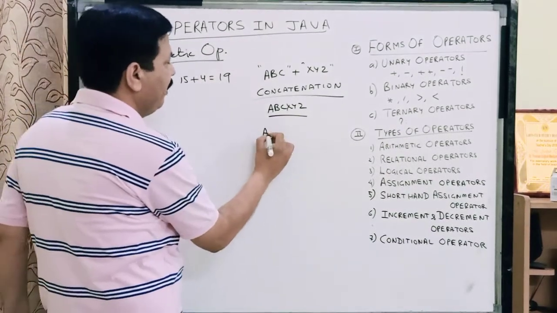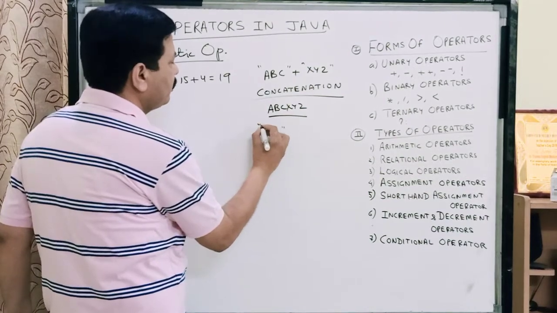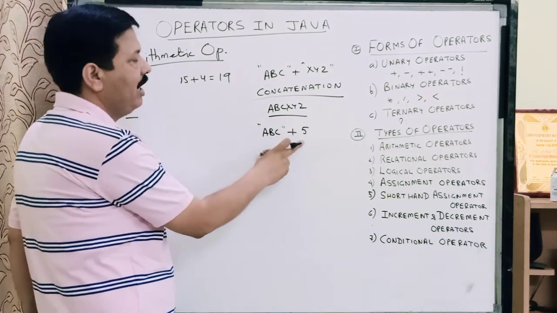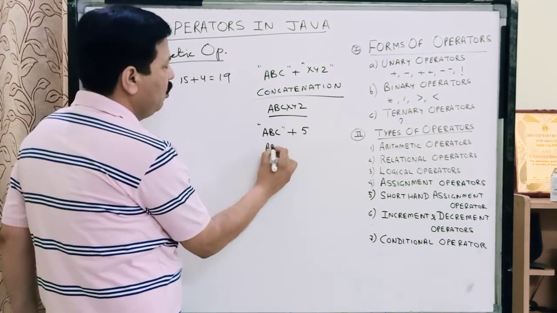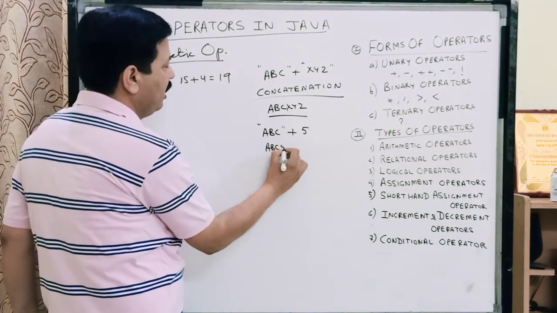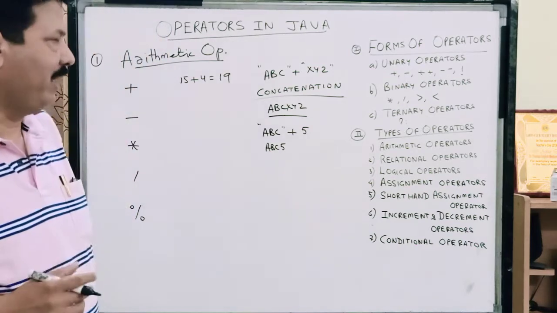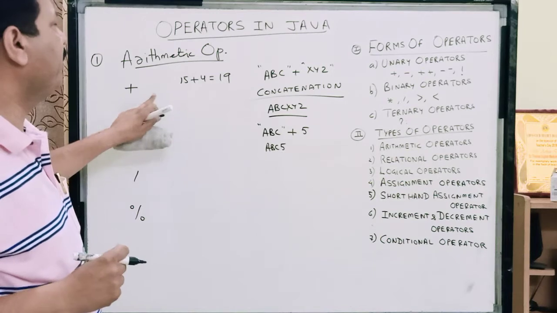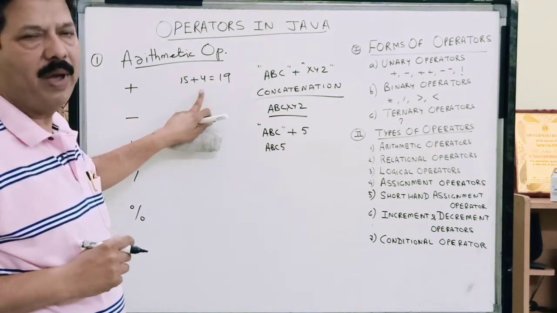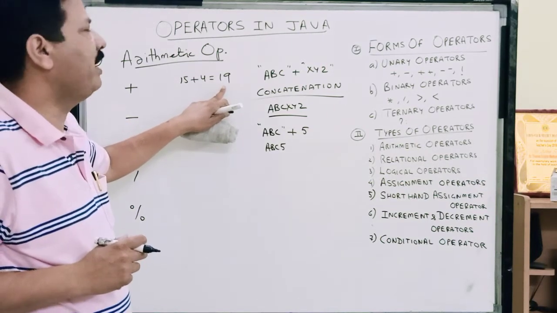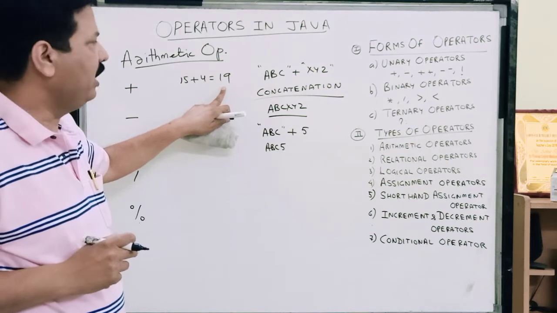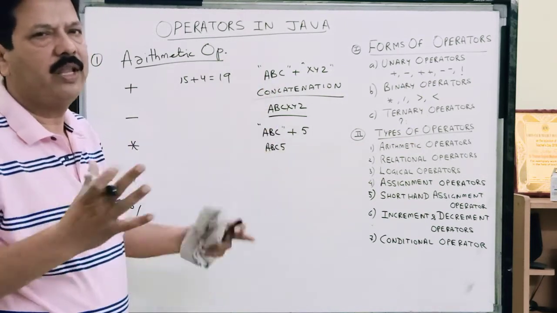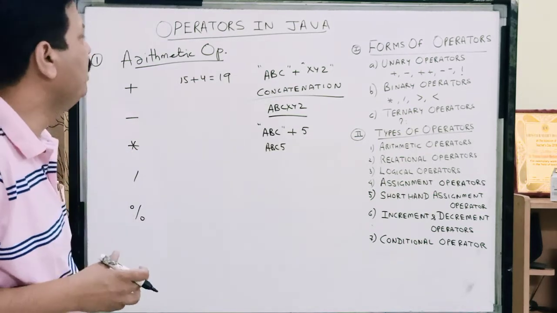And even, children, if it is ABC plus 5, then also one value is string, the other value is numeric, and it will do the work of concatenation, that is ABC5. So children, the plus operator is used in two ways. If both the operands are numeric, it does addition, and if either or both the operands are string, it joins these two operands.